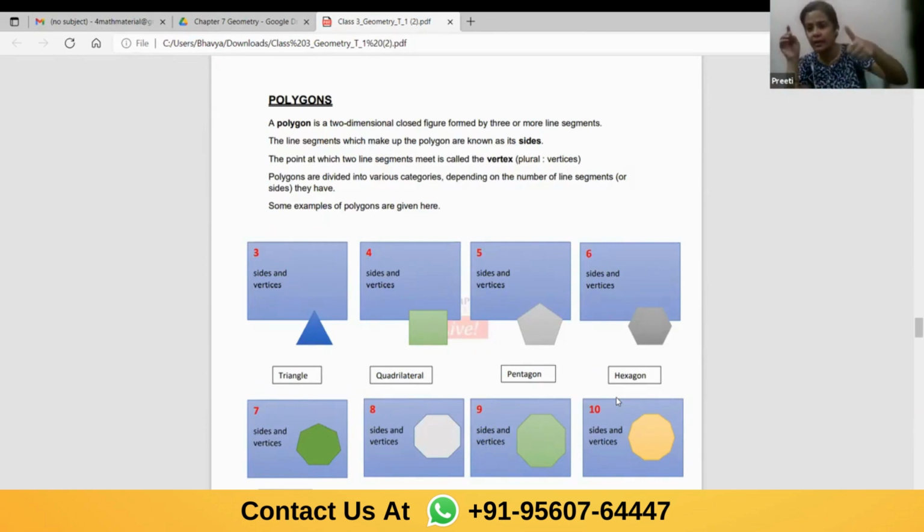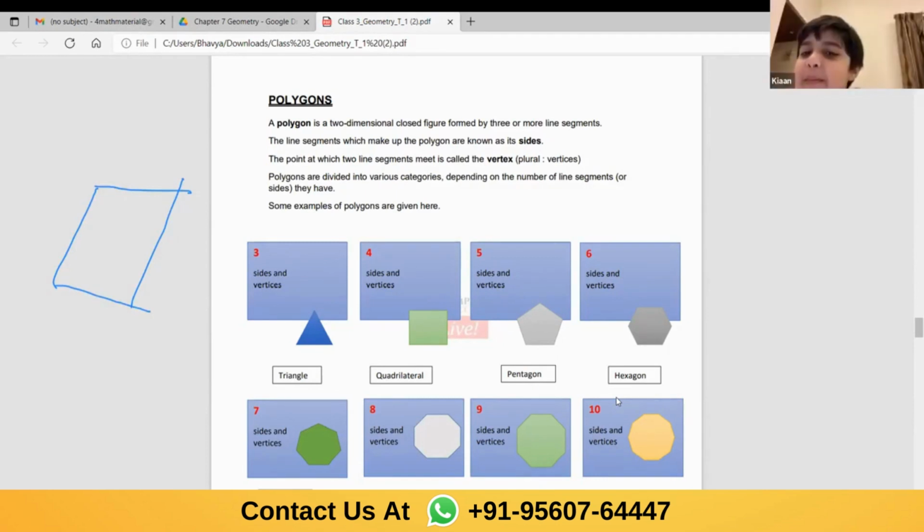It could be square, it could be rectangle, it could be kite, it could be rhombus, it could be diamond. I think I'm covering all. It could be parallelogram, it could be trapezium. Ma'am, there's no shape as diamond. Diamond is square. Yeah, but you must have heard about these different shapes. Yes, ma'am. Diamond I know.